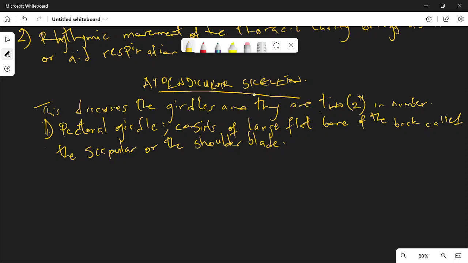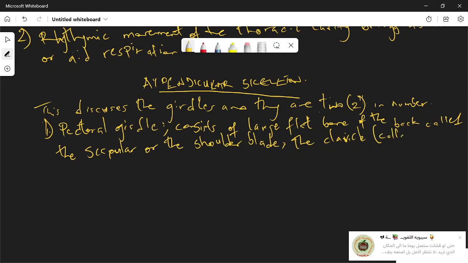It also has another one called the clavicle, which is also called the collar bone. And then it has the coracoid process.